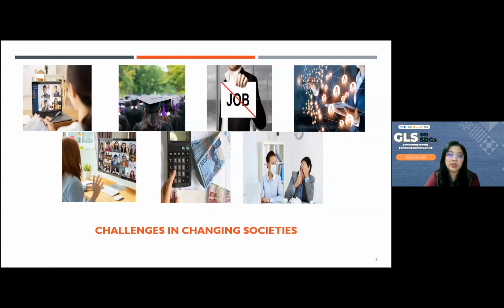And we still have so many graduates. But when we talk about employment or jobs, we can realize that the situation is not ideal to get a job.